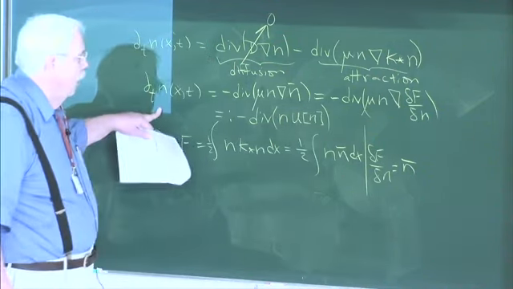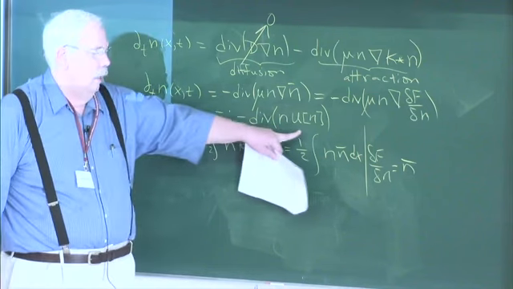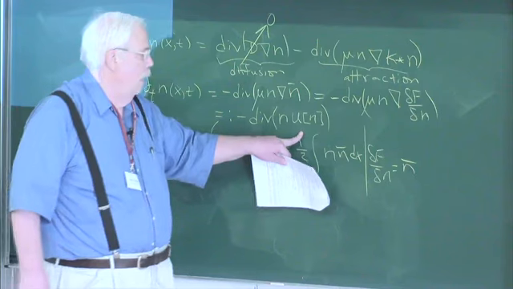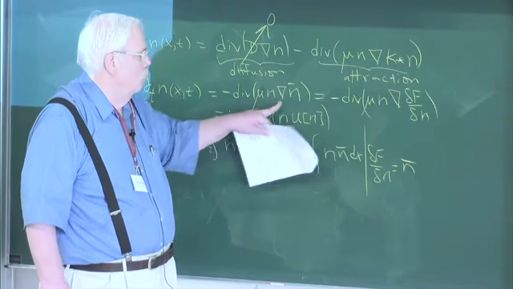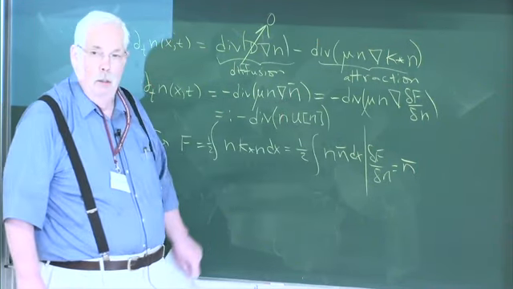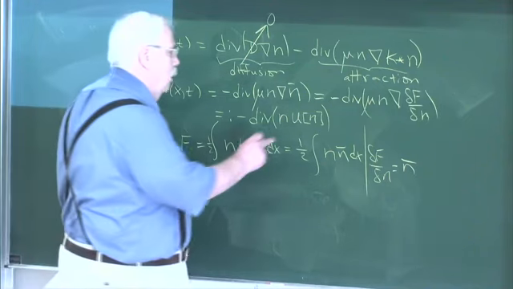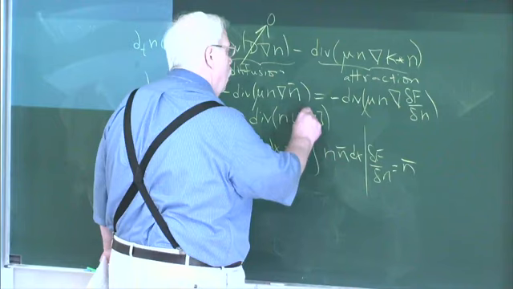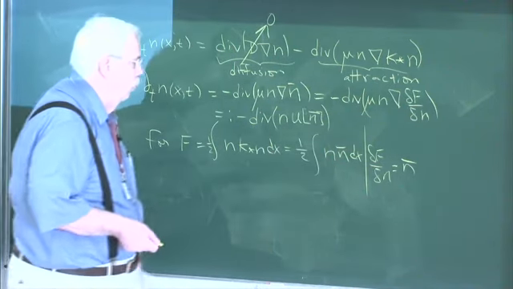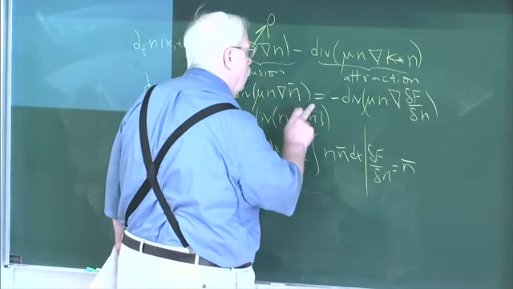So it looks like a continuity equation with a velocity u[n], and u[n] is mu grad n bar. So this guy's actually a functional of n, so let's just leave it as it is.